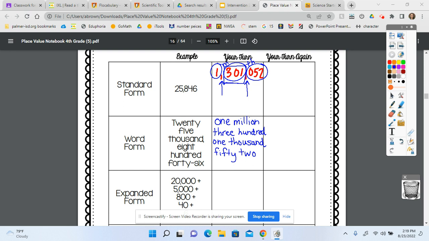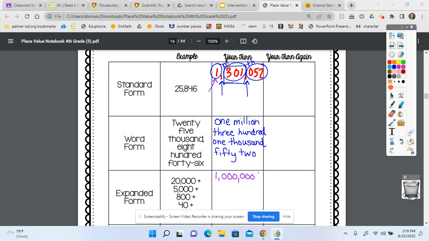In the next one, for expanded form, we're going to write this same large number up here in expanded form. So we're going to start with our first digit, and that is 1 million. And I know that this has 6 zeros because there's 1, 2, 3, 4, 5, 6 places behind that 1.